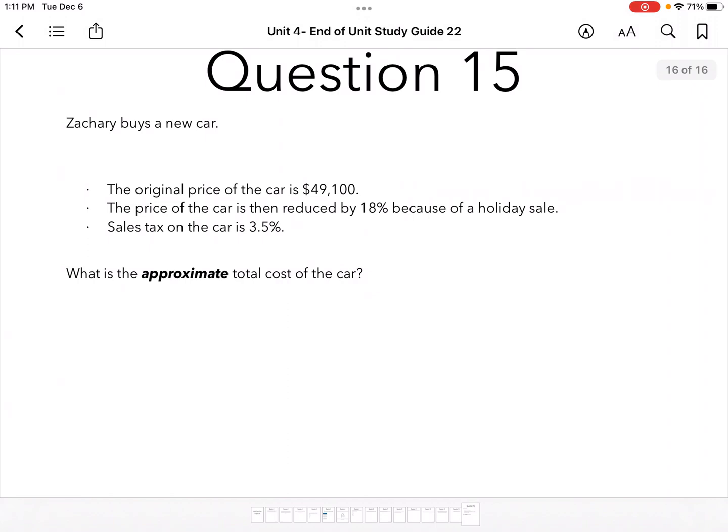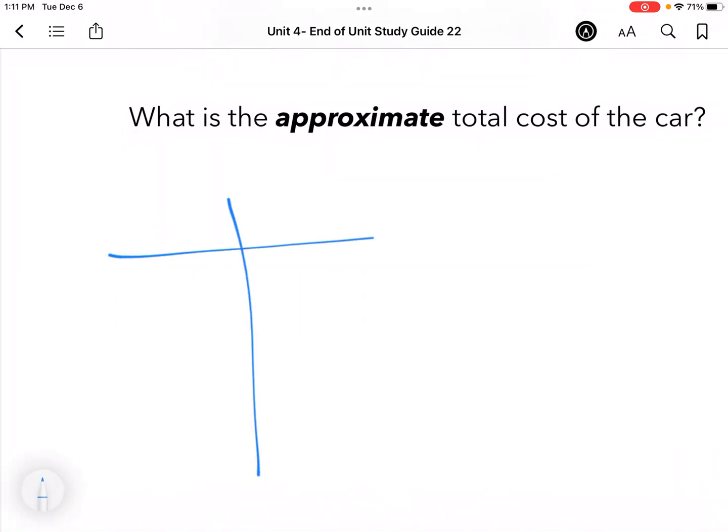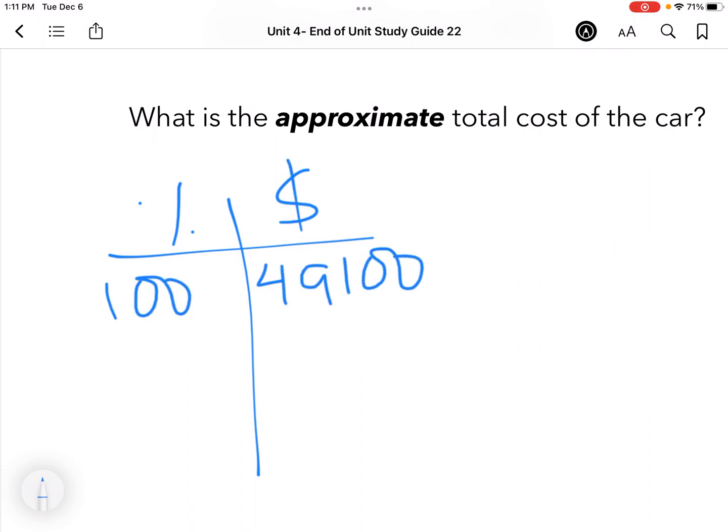All right, Zachary buys a new car. The original price of the car was $49,100. The price of the car was then reduced by 18%, and then there was a sales tax. So I see two percentages, so I'm going to need two tables. So 100% is $49,100.